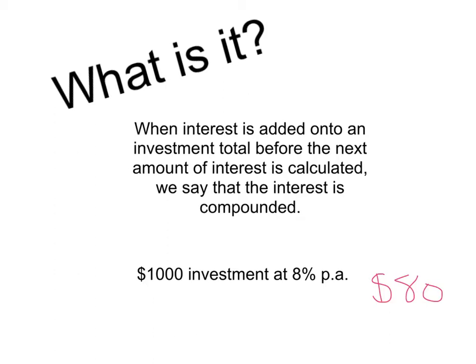So by the time I come to work out the second year, I'll actually be working with compounded interest of 8% of 1,080, okay? Because it is compounded, or built on top of. So if that's for 5 years, I'd be getting $80 in the first year and then 8% of 1,080 because it's being compounded. It's the idea of building on top of, not just one lump sum at the end.